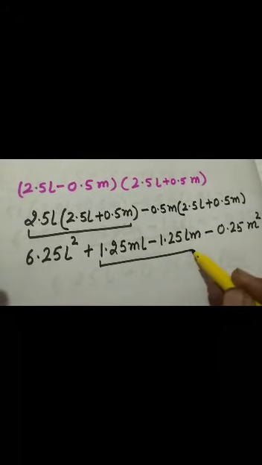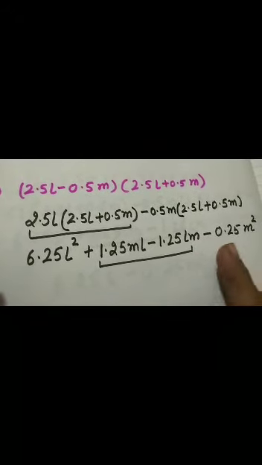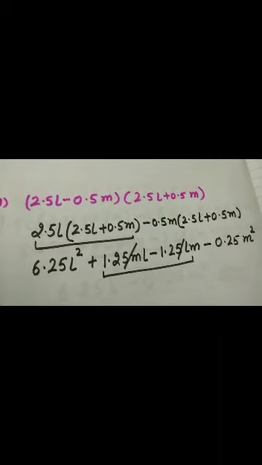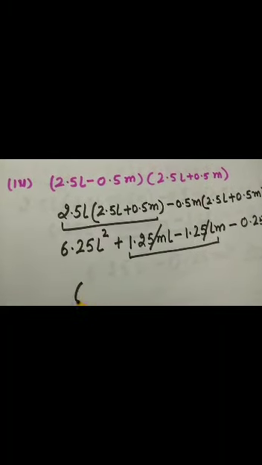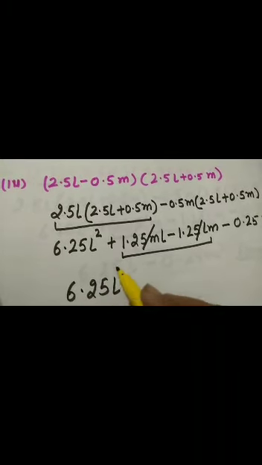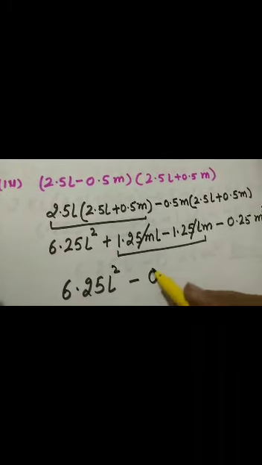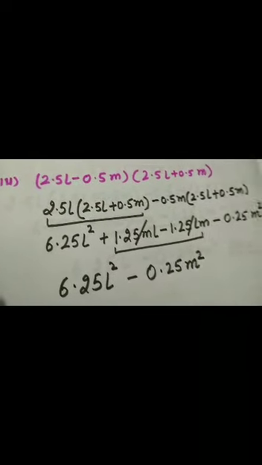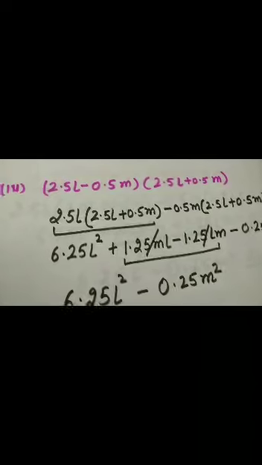Now these two are like terms, but with one positive and one negative sign. So these two will cancel. Now the answer of this question will be 6.25 L square minus 0.25 m square. So you can complete question number 1.